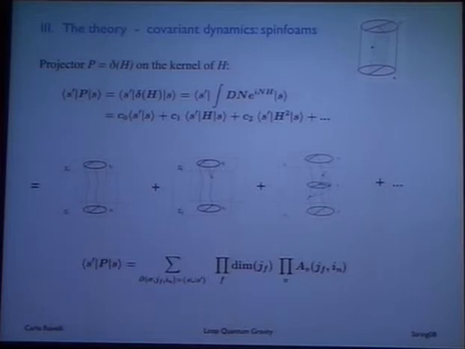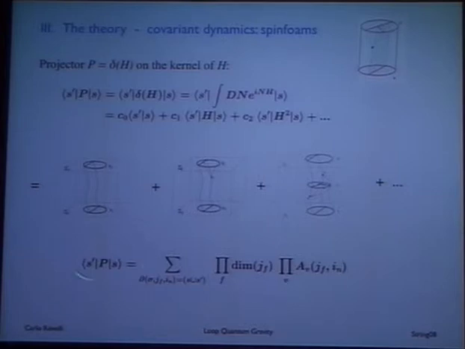Now there is a covariant description of the dynamics, which works much better to compute things, which can be obtained by studying the projector on the kernel of the Wheeler-DeWitt constraint and expanding it in an appropriate sense. And à la Feynman, like in Feynman's thesis, organizing the terms in terms of sort of histories of spin networks.